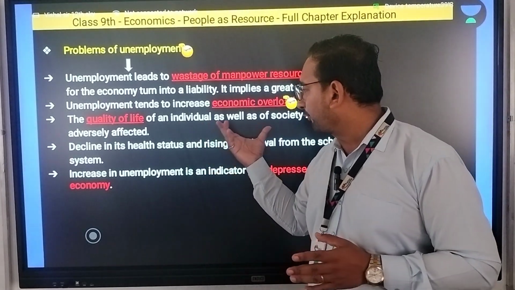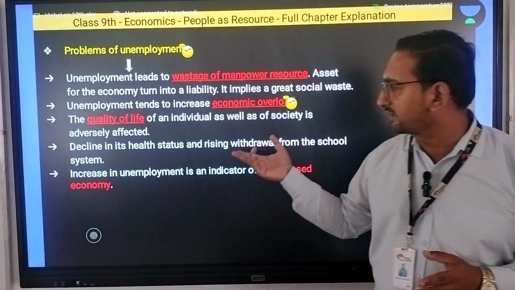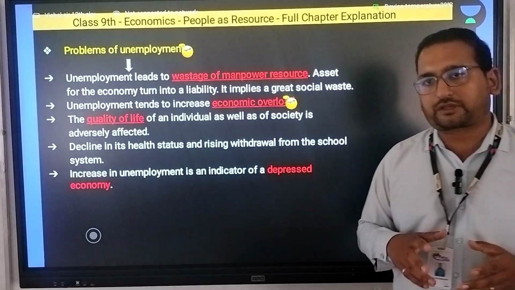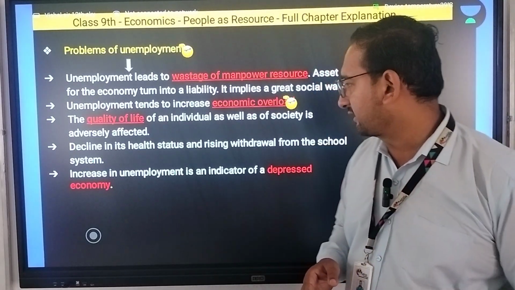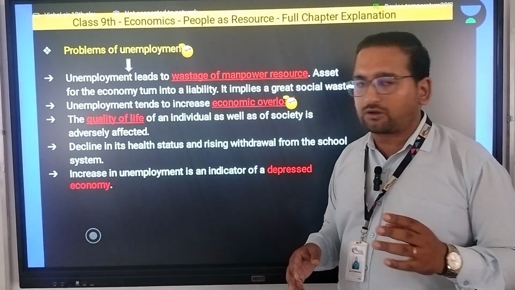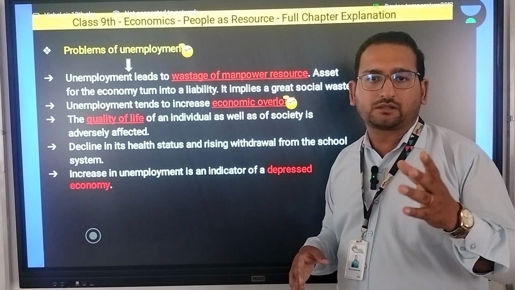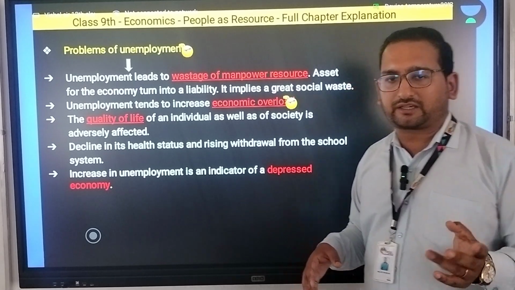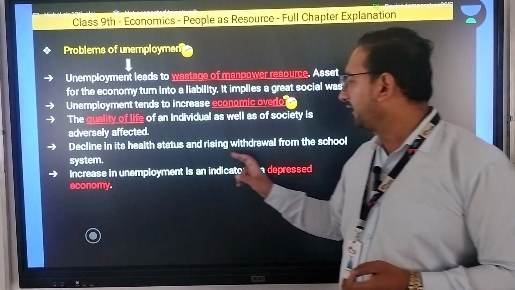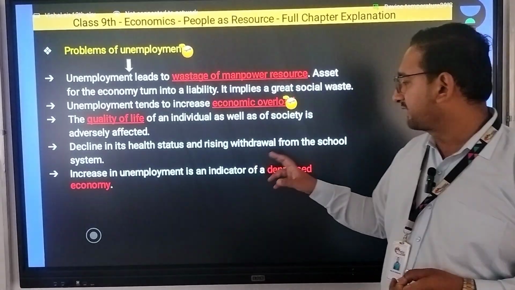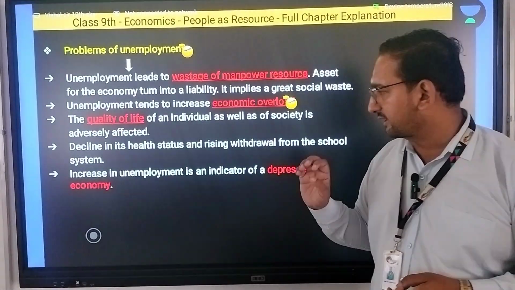The quality of life of an individual as well as the society is adversely affected. The image of the country is also adversely affected, because it will also increase robbery and many other illegal works. There is a decline in health status and rising withdrawal from the school system.